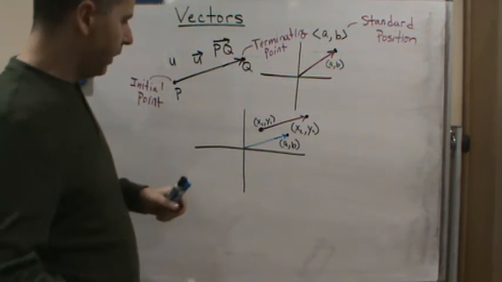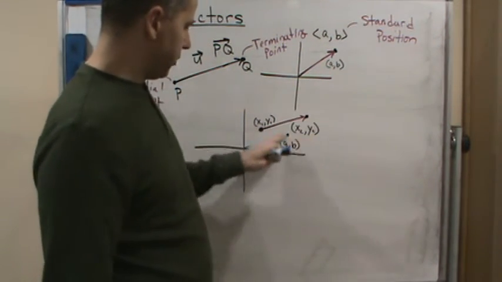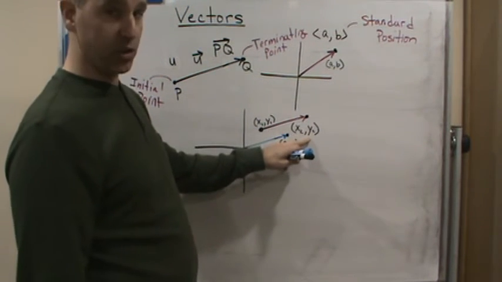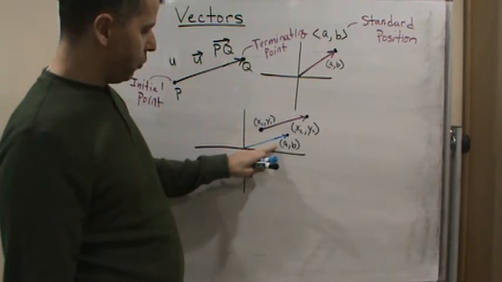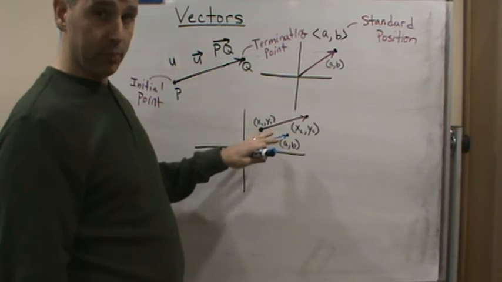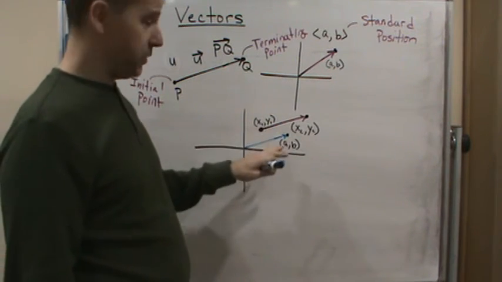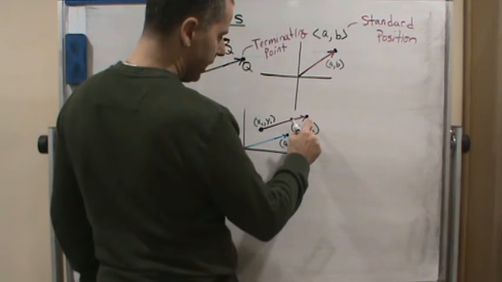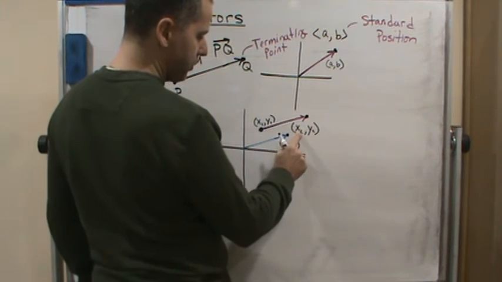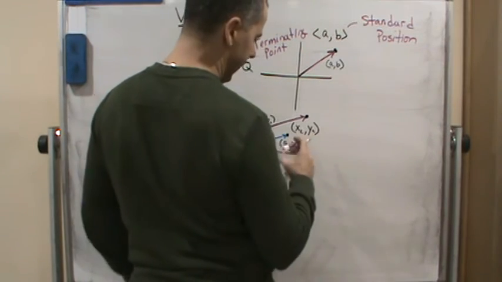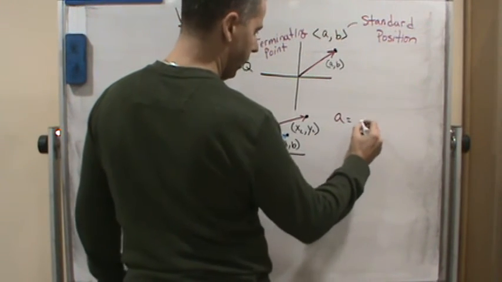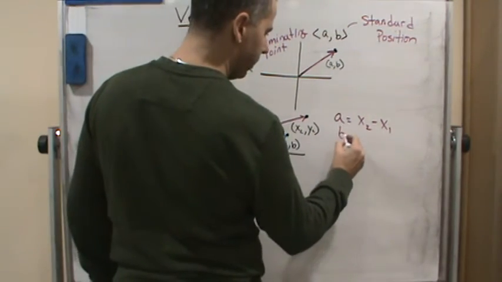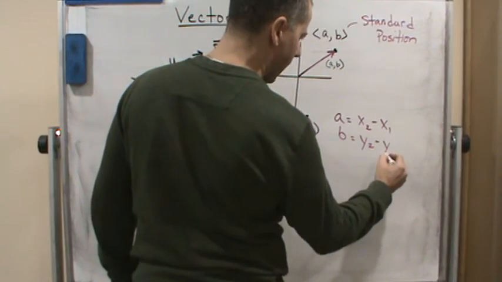For example, if I want to take a vector that's at x1, y1, and x2, y2, and I want to write this vector as a position vector or in standard position, then I would take the terminating point and subtract the x value. So A would equal x2 minus x1, and B would equal y2 minus y1.